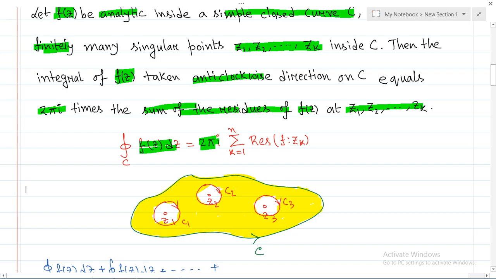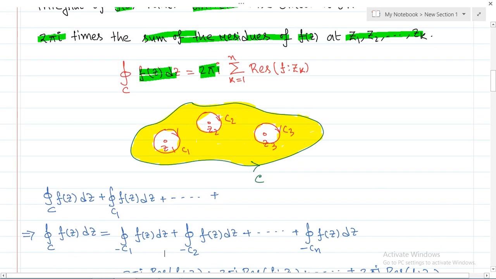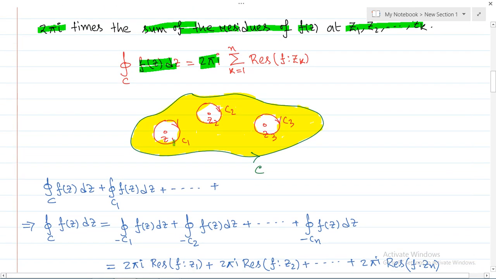Now to understand this, let us briefly try to understand how the concept works. Suppose we have a closed curve C taken in the anti-clockwise direction.